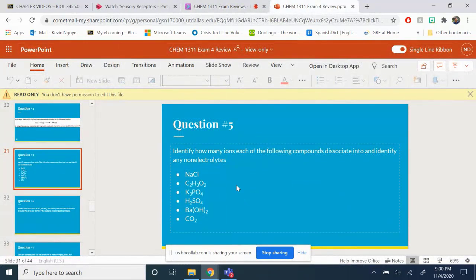Not exactly. It's going to be a non-electrolyte. Typically, if you see a molecule like CHO, it's not going to be ionic, it's going to be a covalent compound, and it will not dissociate into ions. We don't see any metals in here, so that's another indicator that it's not an ionic compound.